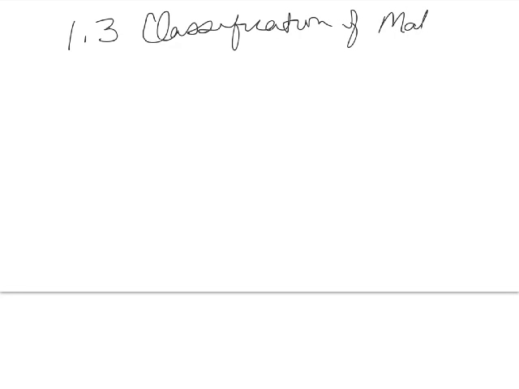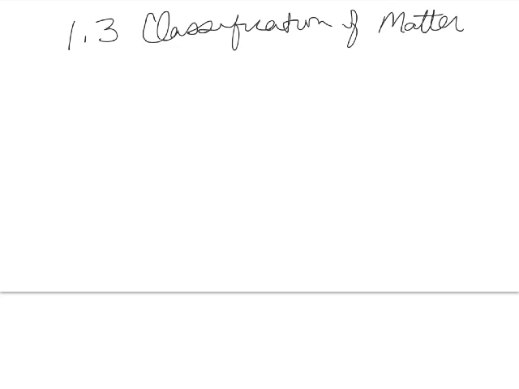Okay, the first thing I would focus on is section 1.3 in your book, the classification of matter. You need to be able to classify matter as substances, elements, mixtures, whether it's a heterogeneous mixture or homogeneous mixture.